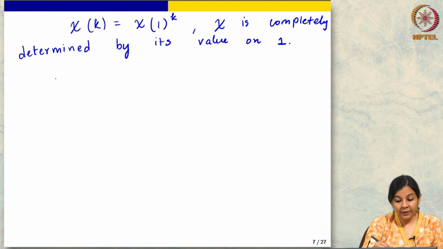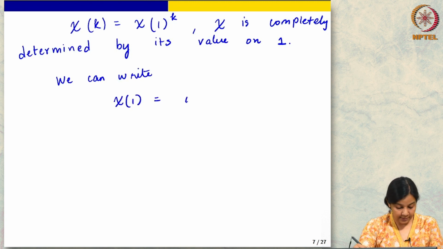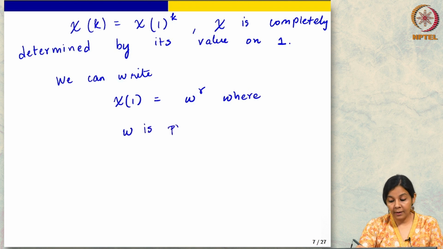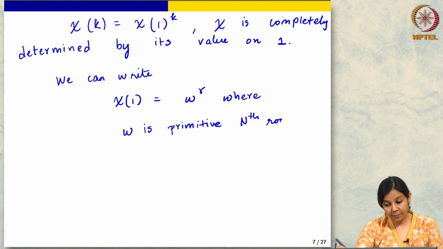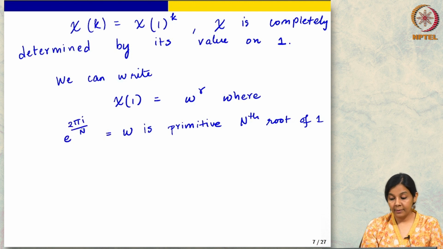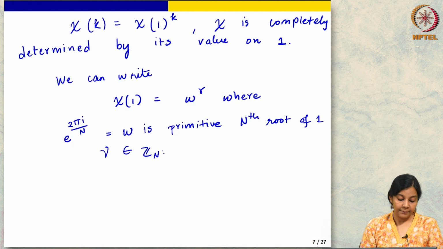So that means that we can write chi of 1 as omega to the gamma, where omega is a primitive nth root of unity. So omega is what? e to the 2 pi i over n, right. This is a primitive nth root of unity, and gamma is just something in Zn.